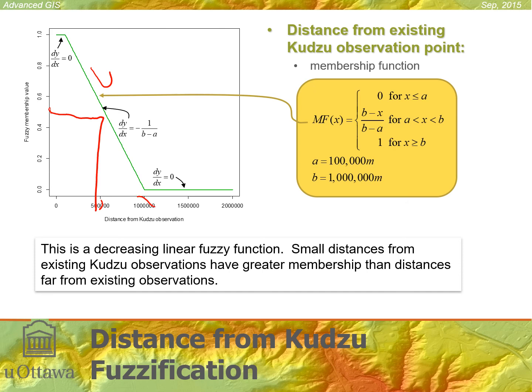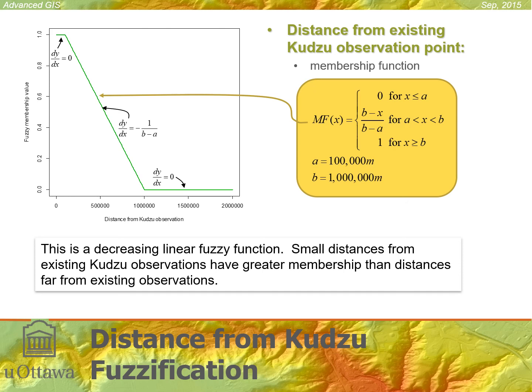And once we get to 1,000 kilometers, we reach 0 likelihood. So if a cell is 1,000 kilometers away, and a cell will be part of the decision set eventually, so it has to be selected upon, and if that cell is, all other things being optimal, 1 million meters or 1,000 kilometers away, there would be no likelihood for establishment based on proximity to Kudzu, because it's just too far.